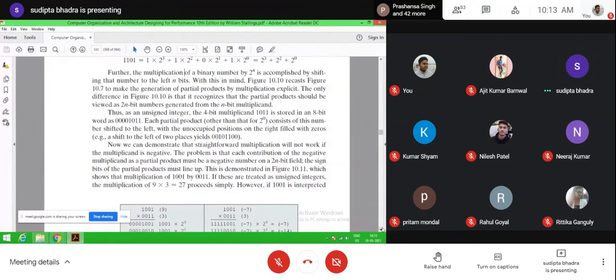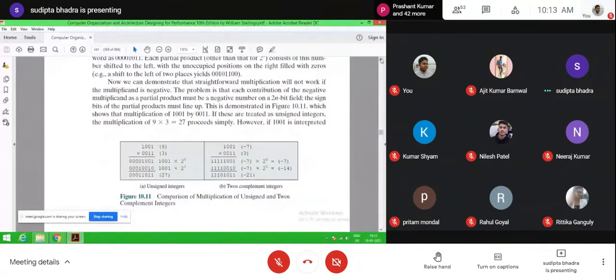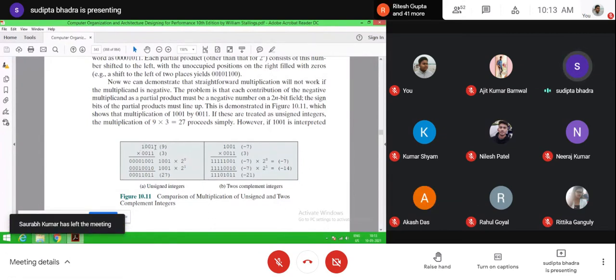Now here is a comparison of unsigned and 2's complement integer multiplication. Look at 1001: if we take it as an unsigned integer, it represents 8 plus 1, that is 9. And 0011 is 3.